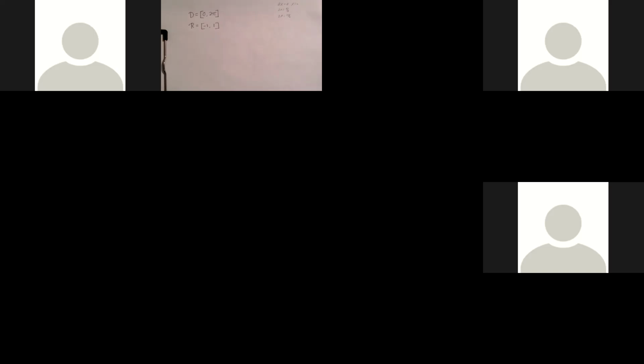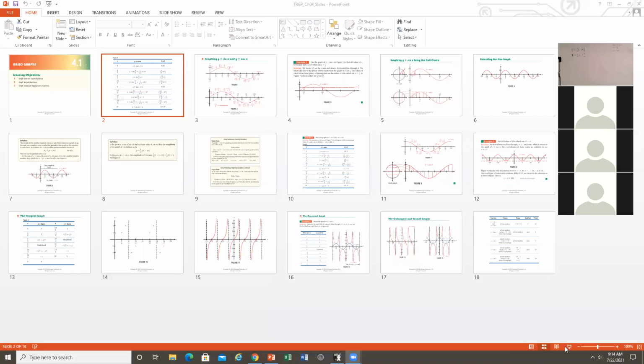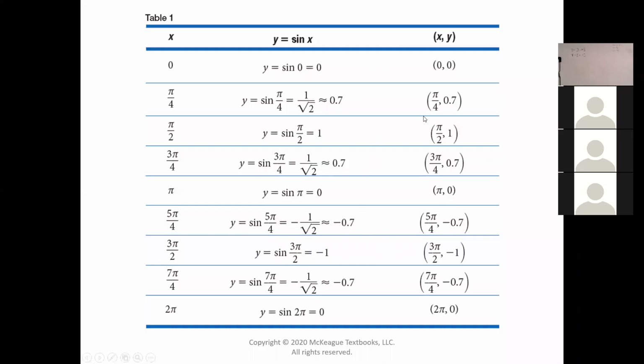Okay. And for that reason, when we graph the y equals sine x function here, we're not just going to see the plotting of a couple of points. Ladies and gentlemen, what we're going to see is a smooth curve connecting all these points.